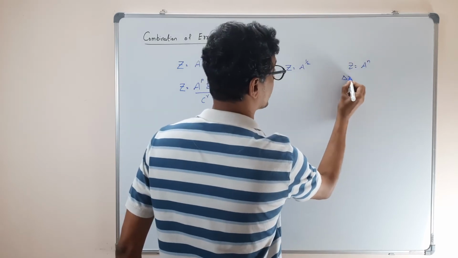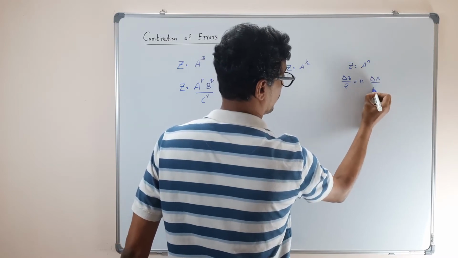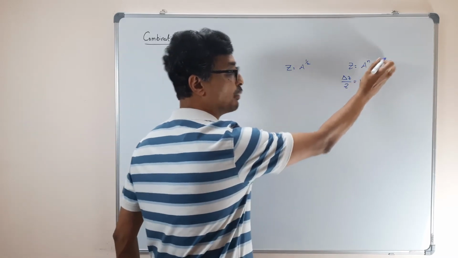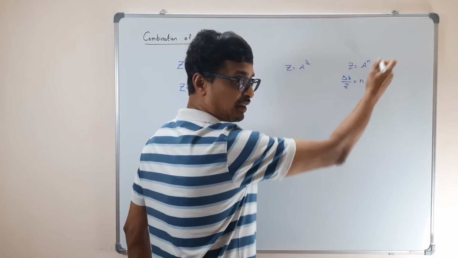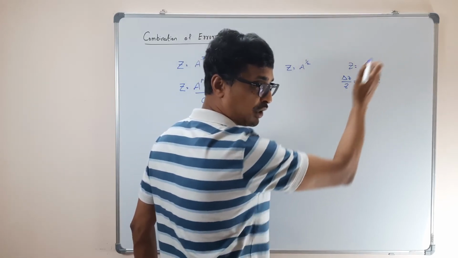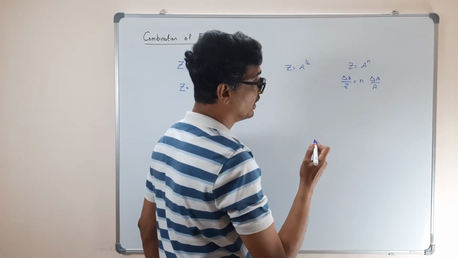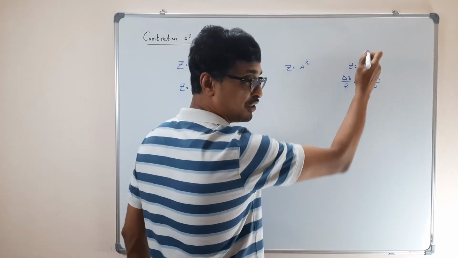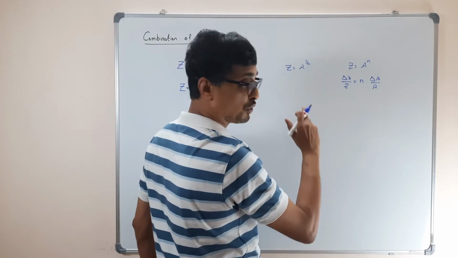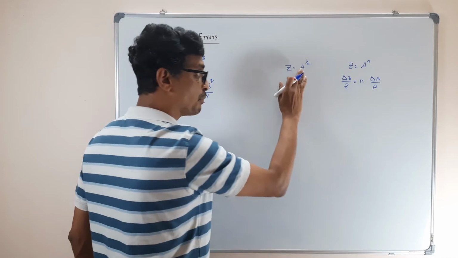Then your delta Z by Z will be n into delta A by A, because when the quantities are in a product, the relative errors will be in addition. And there we always consider n to be an integer. Now your question is when n is equal to half. The same rule applies here also.